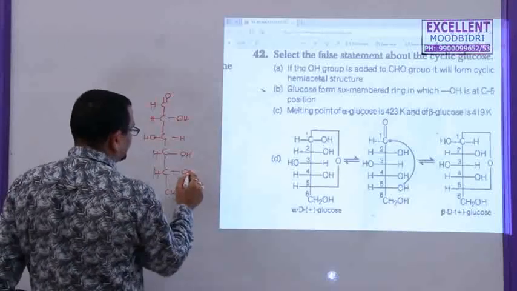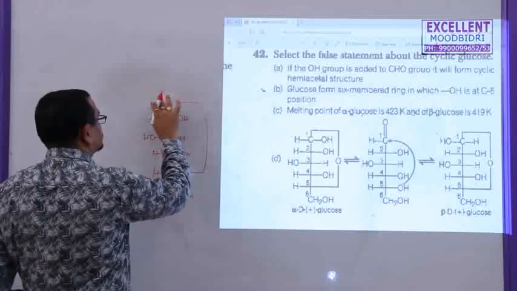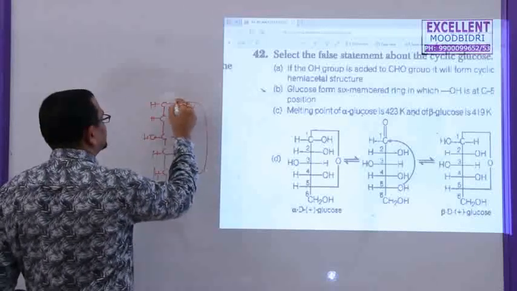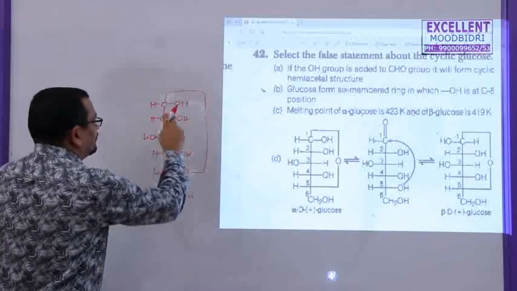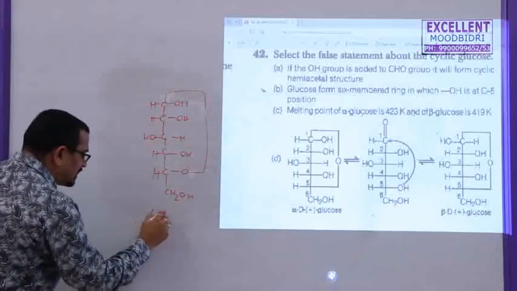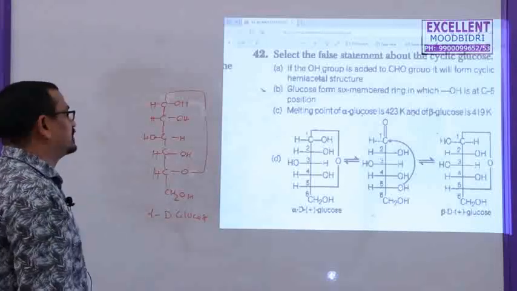If this proton is transferred to this, then there is a possibility in two ways. When OH is on the right side, it is called alpha D glucose.